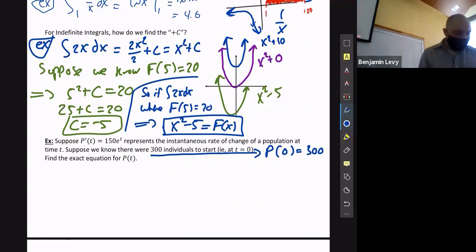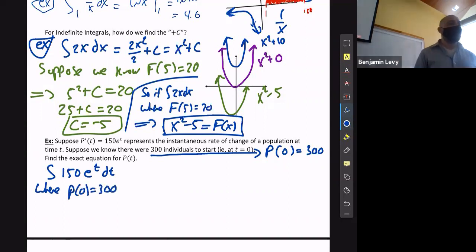And so we're going to integrate this thing, where we know P of 0 is 300. Right, this is the problem setup. Is that okay?